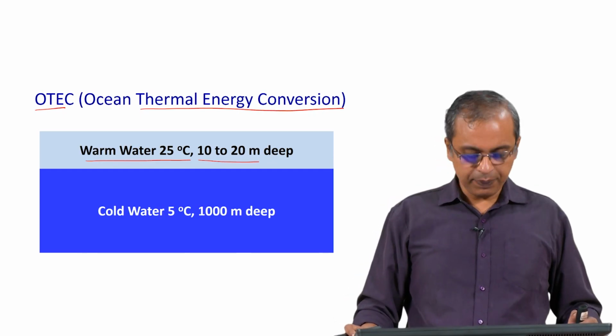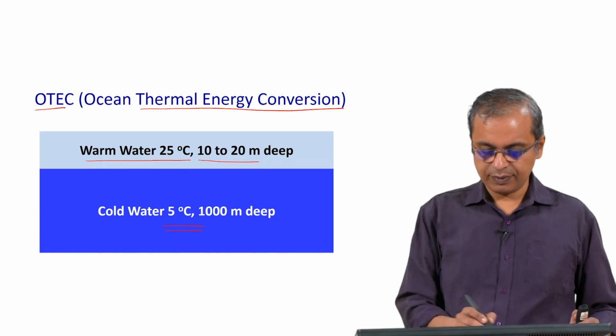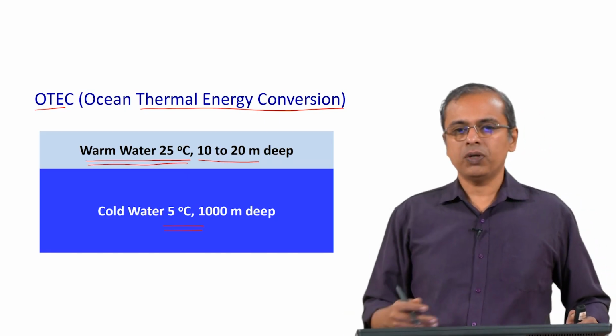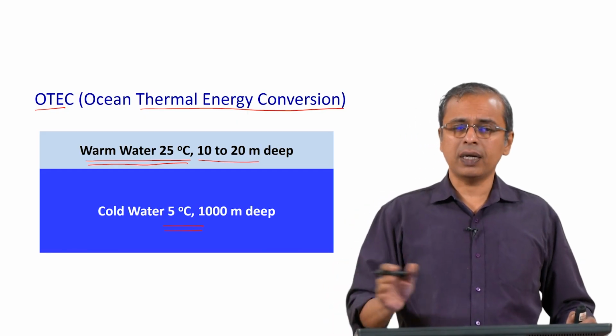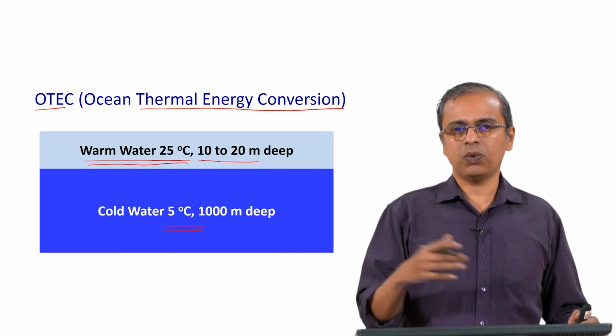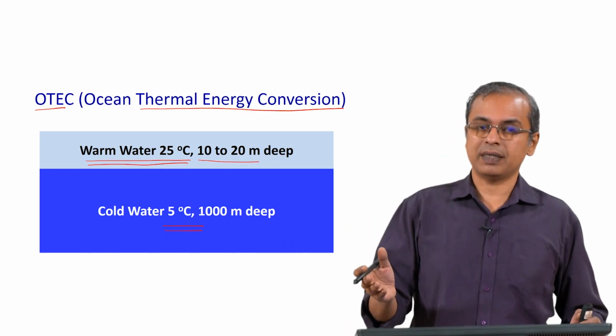And then when you go much deeper, you can get cold water, which may only be about 5 degrees C. So, you have about 20 degrees C difference of temperature that is readily available to you in large quantities. There is a massive quantity of water available at 5 degrees centigrade, and a massive quantity available at 25 degrees centigrade.